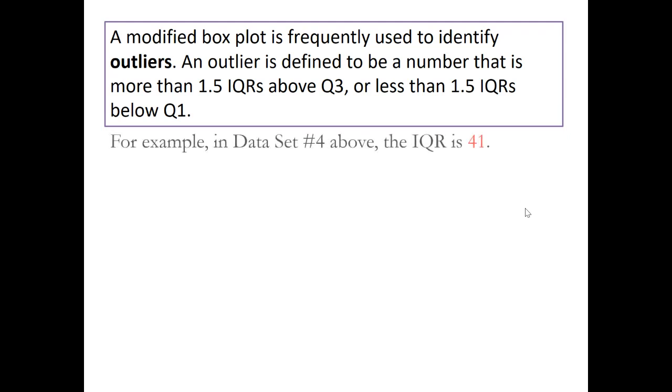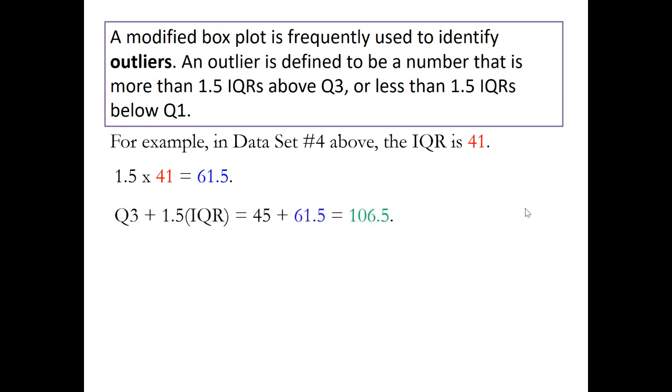What that means is in data set number 4, we had an IQR of 41. So 1.5 times 41 is 61.5. I would add that to Q3 and find an upper boundary, or an upper fence, of 106.5. Any value above 106.5 we would consider an outlier.